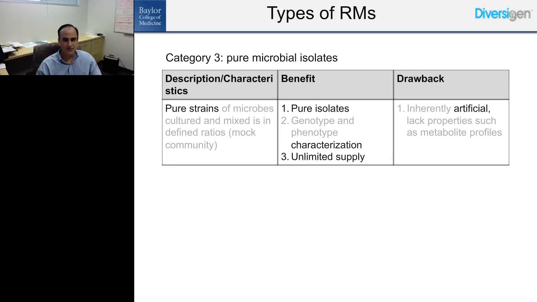And then the third benefit would be virtually unlimited supply of individual isolates. And then the drawback is that it is inherently artificial. So it lacks the complexity of, say, an environmental sample, but you gain characterization because you know exactly what you have.